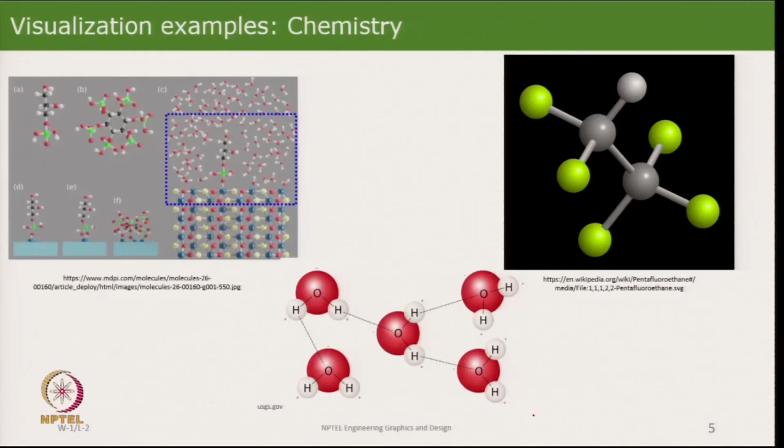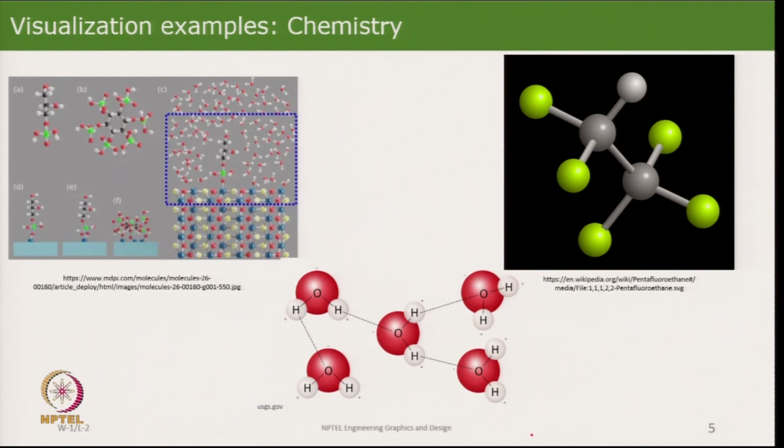The next set of examples are from chemistry. And you may wonder, why in engineering we are looking at visualizing chemistry and molecules. Well, an understanding of the structure of these tells us a lot about what the material does, or what a product will do, or what a reaction may do, or what the molecule itself will do.